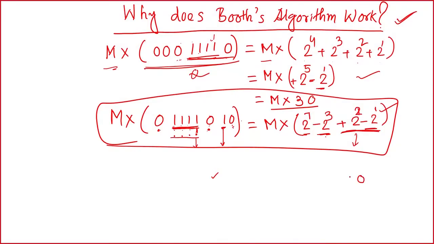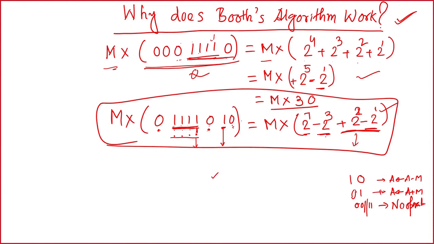If the bit pair is 0 1, that means we have to do subtraction, so we do A minus M. If it is 1 0, then we have to do addition. And if it is 0 0 or 1 1, we do no operation, no addition or subtraction.